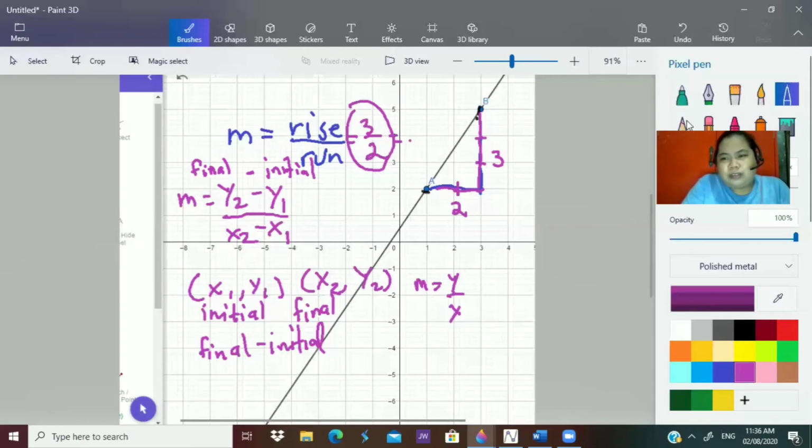So, final minus initial. Kaya hindi po pwedeng magpalit ng pwesto, kasi ang initial hindi pwedeng maging final at ang final hindi pwedeng maging initial. Yun po, when it talks about location. Kasi ang mga points natin, ang pinag-uusapan po natin dyan ay location.